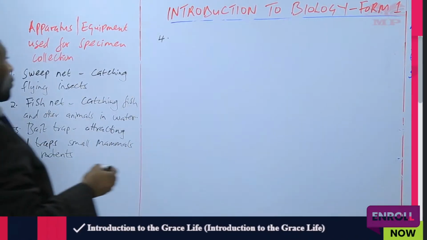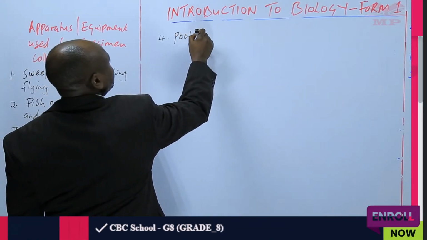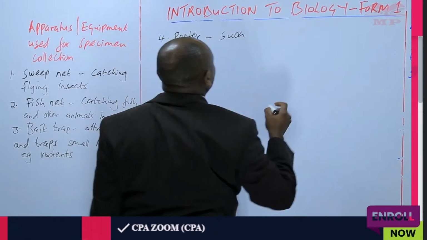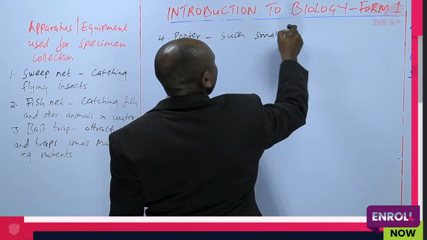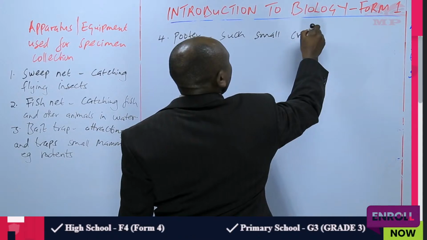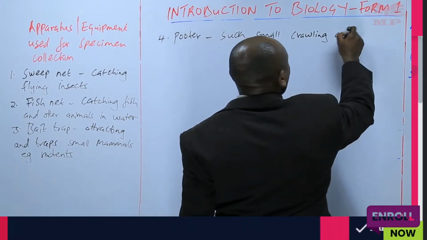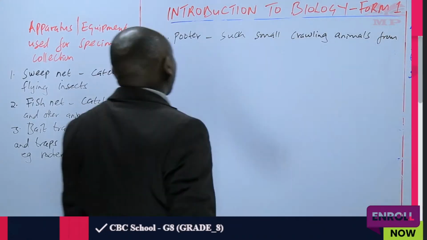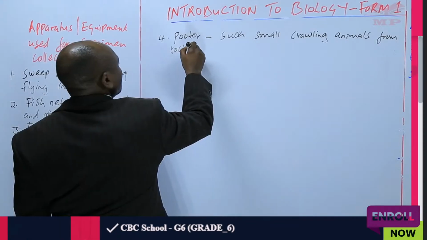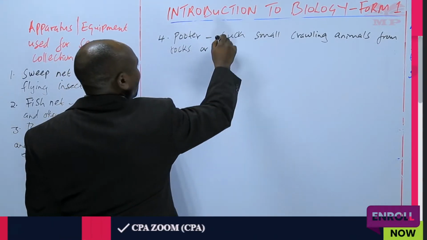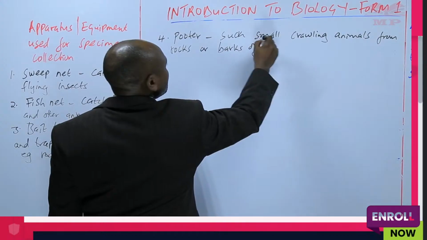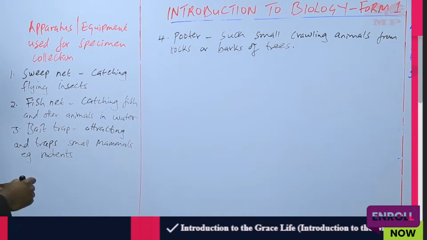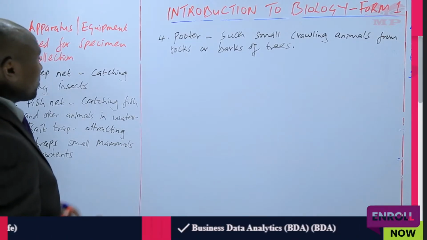We have a putter that is used to suck small crawling animals from rocks or barks of trees, things like the aphids that can easily be sucked.